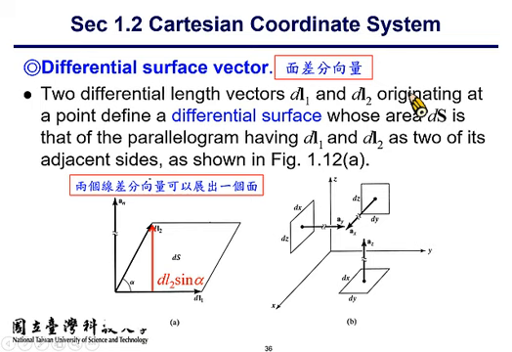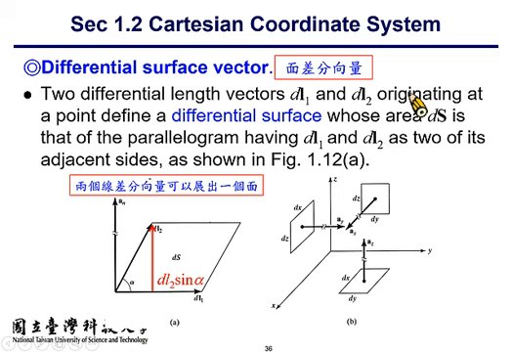Again, because it's a differential surface, the surface area is relatively small, but is that a vector or a scalar? Well, it's a vector, so you need to describe the direction of the surface, which is done by describing its normal vector. So we use the normal vector to represent the direction of the surface.